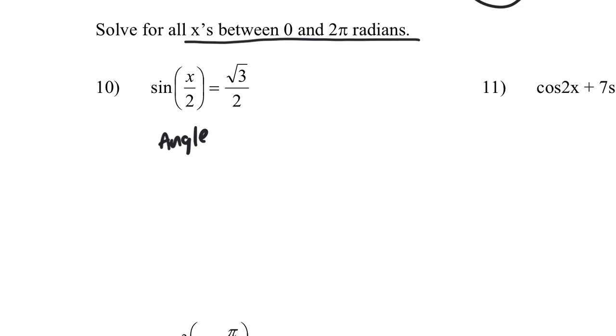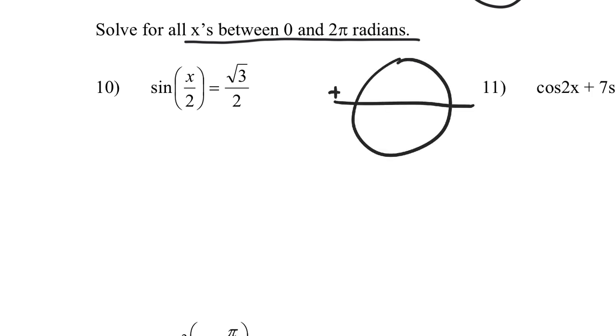That is a unit circle value, so I can use that to my advantage. When I think of the unit circle, I think sine is positive on the top and negative on the bottom. I know root 3 is relatively close to the top of the unit circle. So the two locations on our unit circle where we have a sine of root 3 over 2 are going to be at pi over 3 and 2 pi over 3.